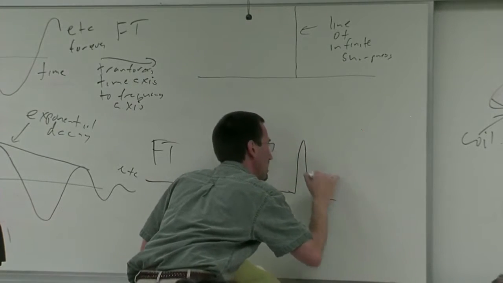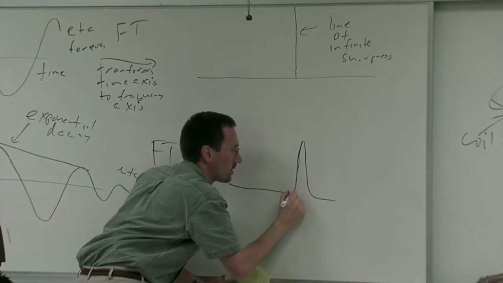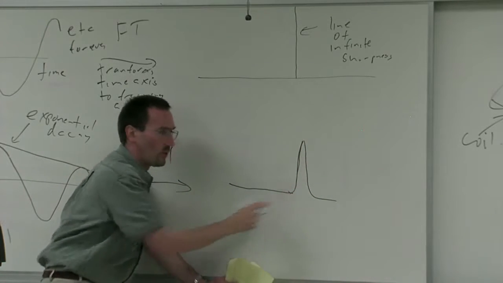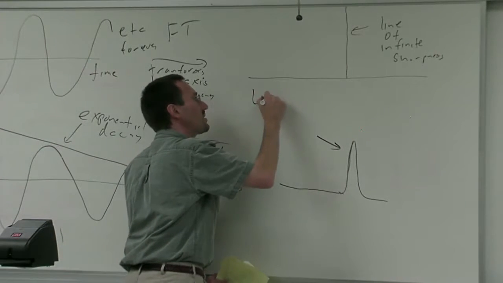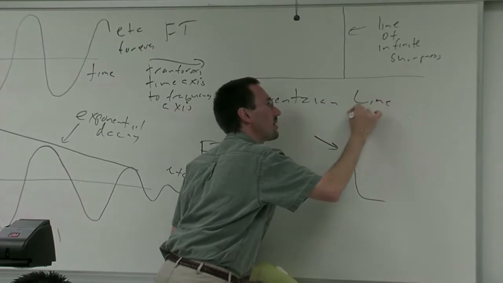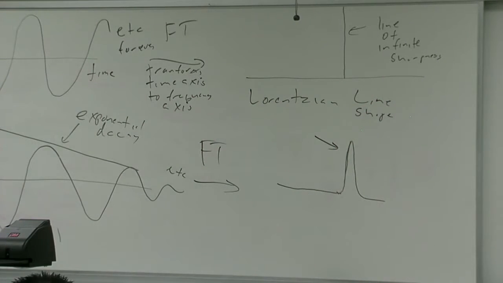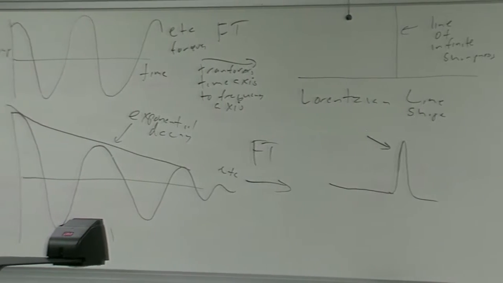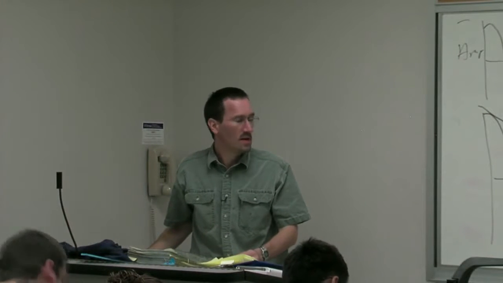And I'm not a great artist, but I will try my best to represent the shape of this peak, you have little wings coming out, and this is what you call a Lorentzian line shape. A Lorentzian is just a mathematical function, y equals 1 over x squared plus 1.